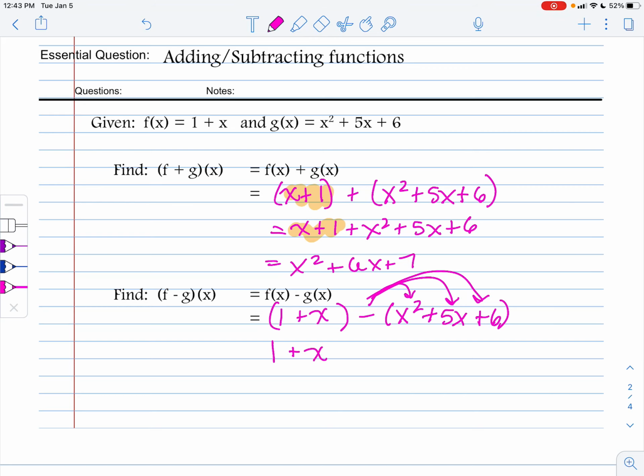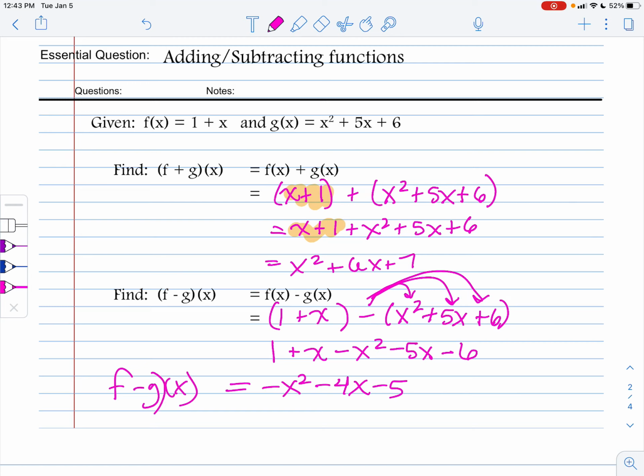So I have 1 plus x minus x squared minus 5x minus 6. Now you can go ahead and combine like terms. So negative x squared minus 4x minus 5. And that is f minus g of x.